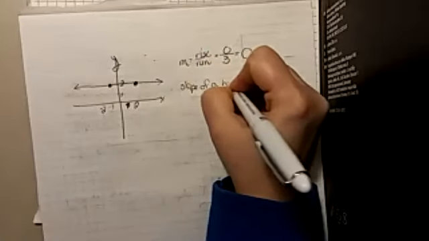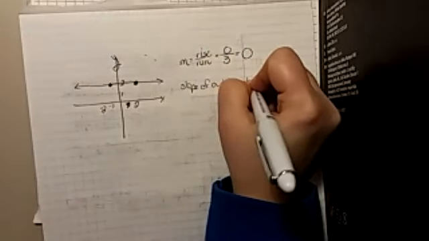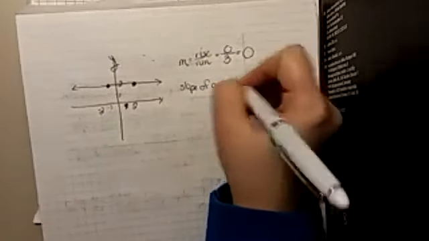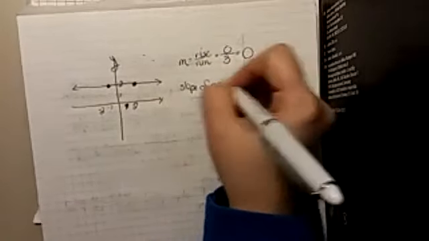So now I just saw a very important rule. The slope of a horizontal line, which we saw earlier is also called a constant function, is 0. That's going to be true all the time.